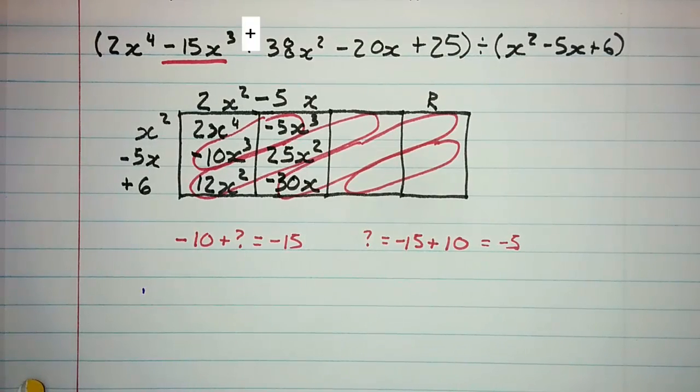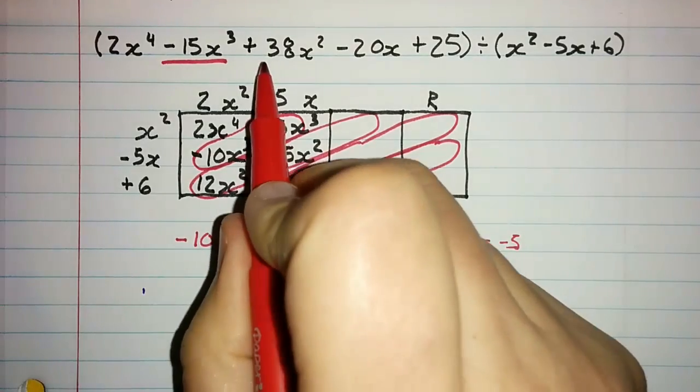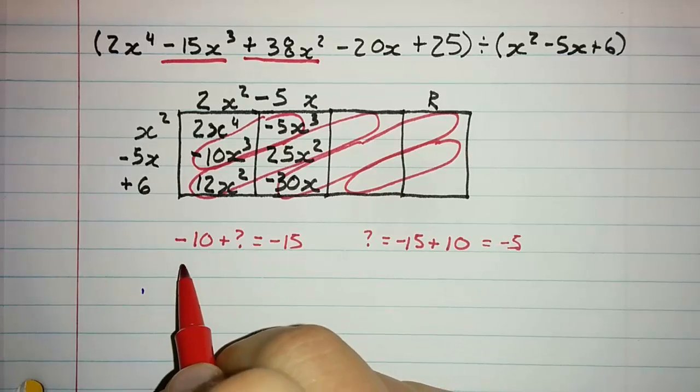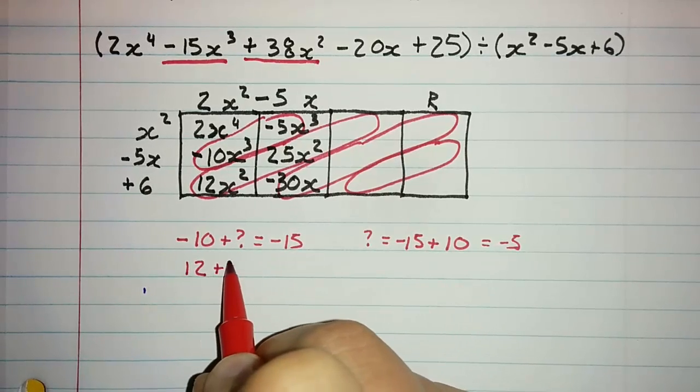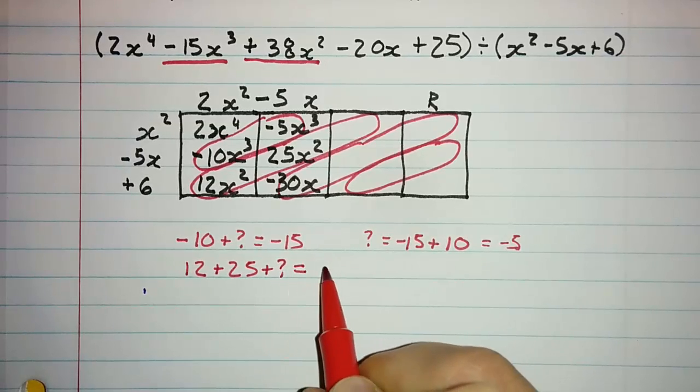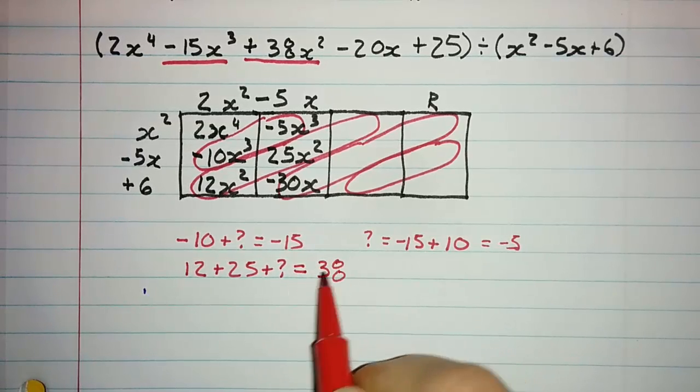All right, so down my x squared diagonal, I want a total coefficient of positive 38x squared. So I'll have 12 plus 25 plus something gives me positive 38.